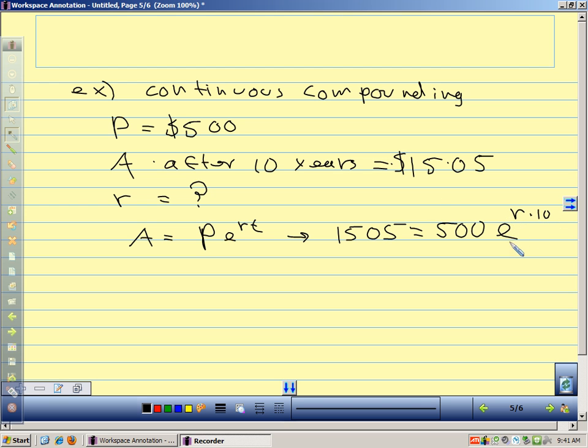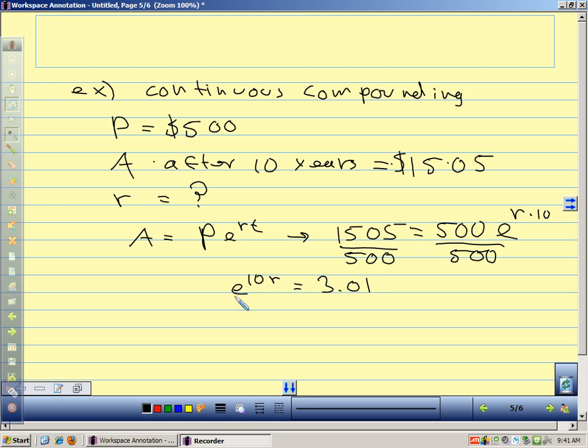And I'm trying to solve for R. So this should look familiar by now. We've done several examples like this. I'm going to divide both sides by 500. I want to get the exponential expression by itself. So 1,505 divided by 500 is 3.01. I'm going to turn this around. This is E to the 10R equals 3.01.